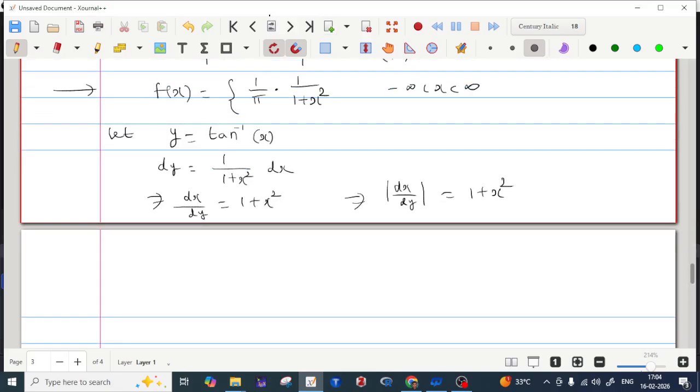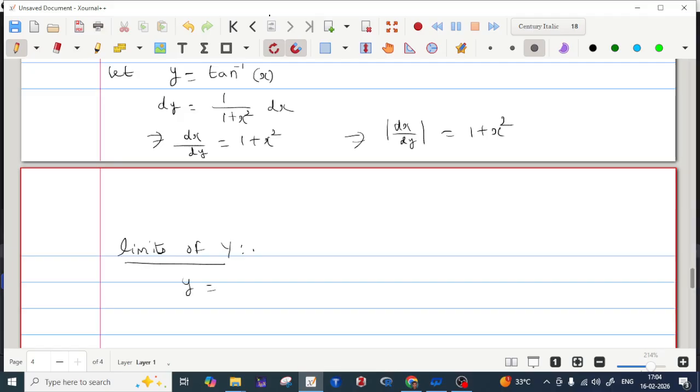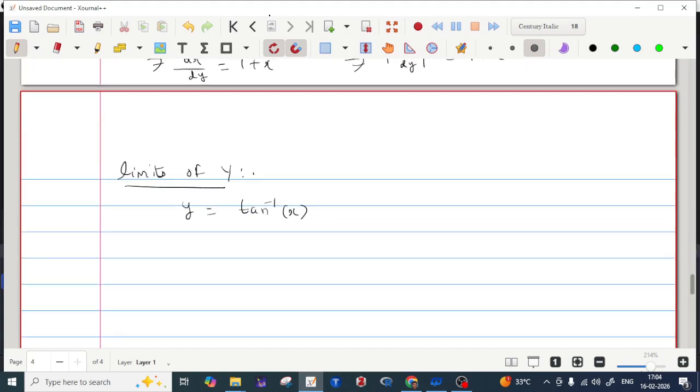Limits of y. So what is y here? y is equal to tan inverse x. What are the limits of x? Limits of x are minus infinity less than x less than infinity. So if you put x equal to minus infinity, y is equal to tan inverse of minus infinity, which is minus pi by 2.